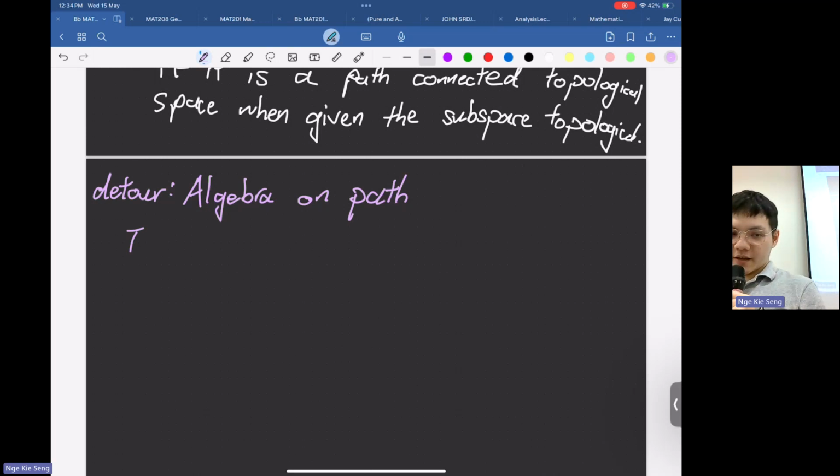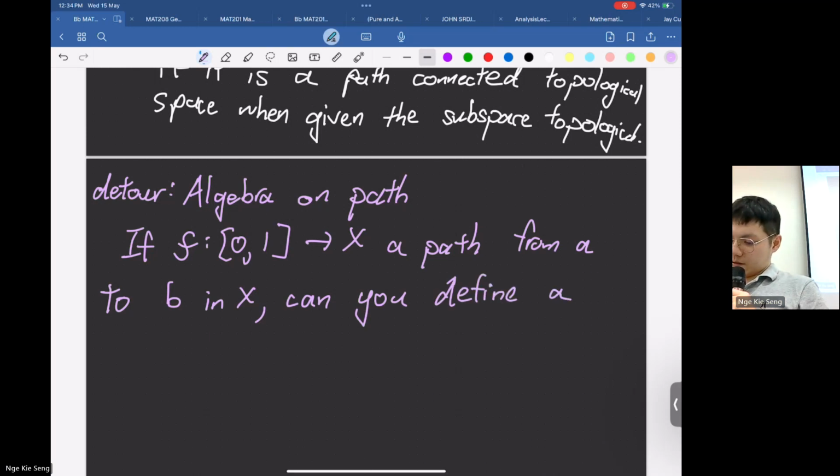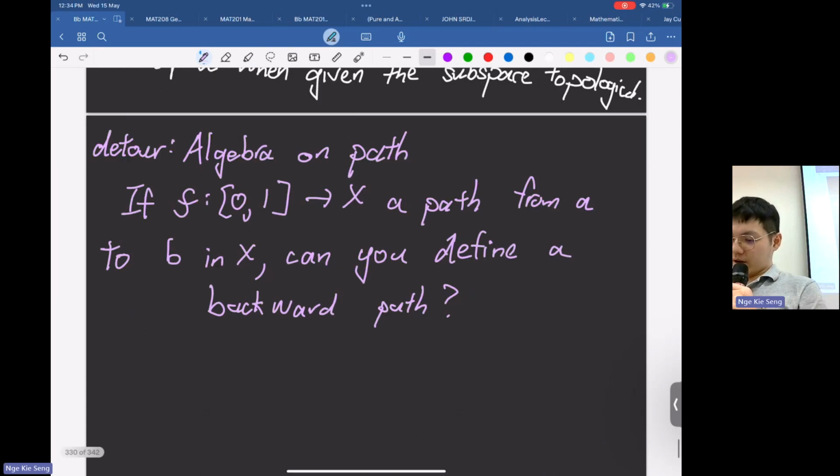Okay, so right, let's say I have a path on [0, 1], a path from A to B. Can you define a backward path or not?